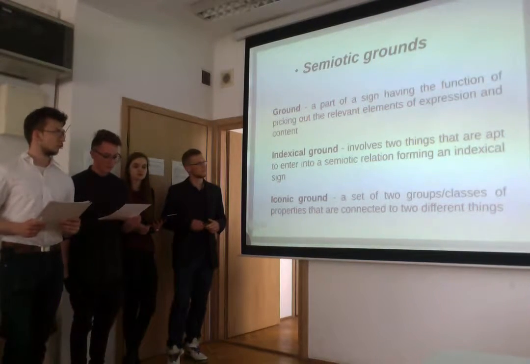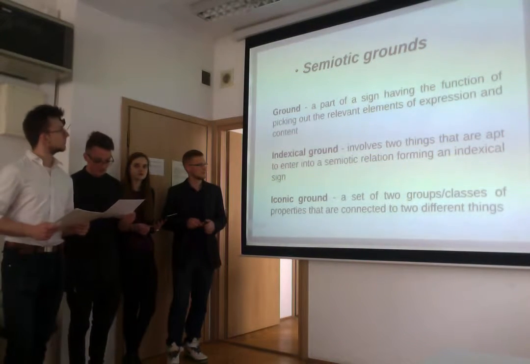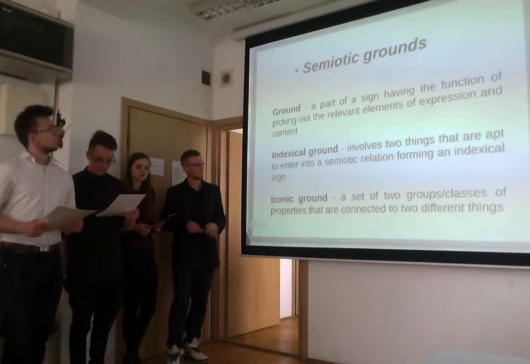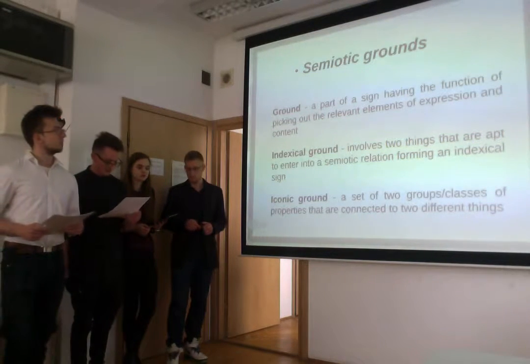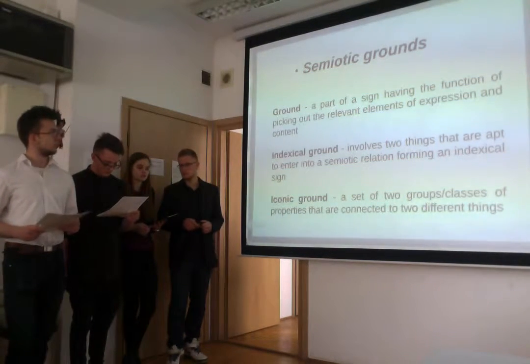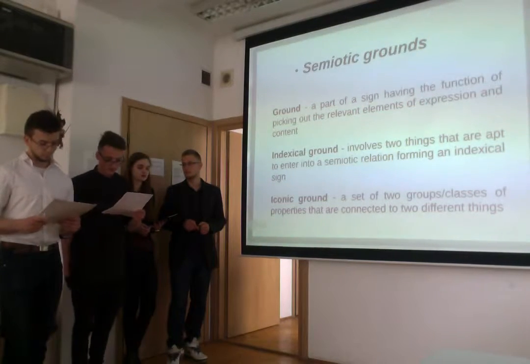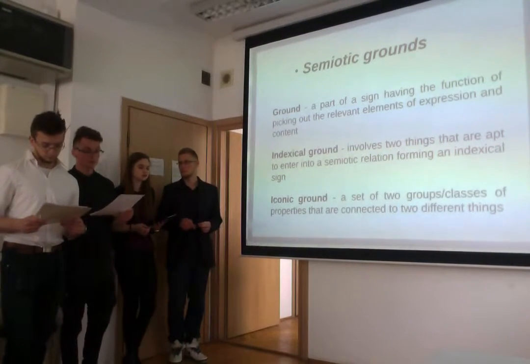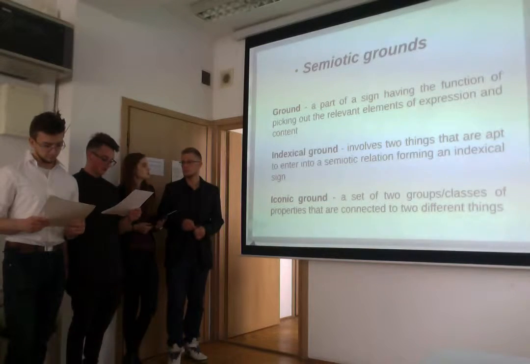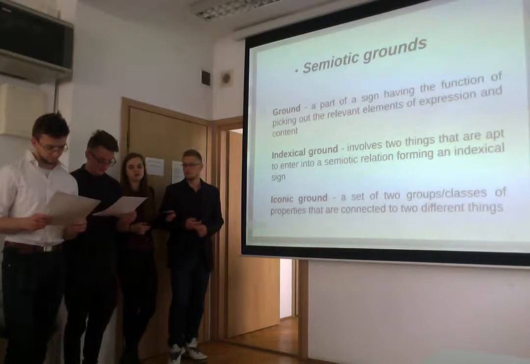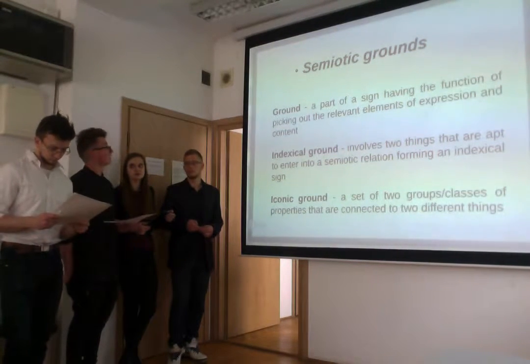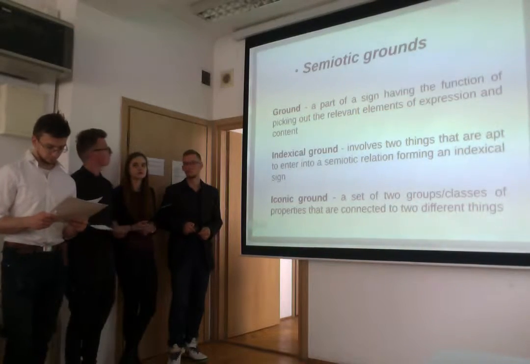Indexical ground would involve two things that are apt to enter into a semiotic relation, forming an indexical sign due to a set of properties which are intrinsic to the relationship between them. So this kind of relation is best conceived in opposition to an iconic ground.